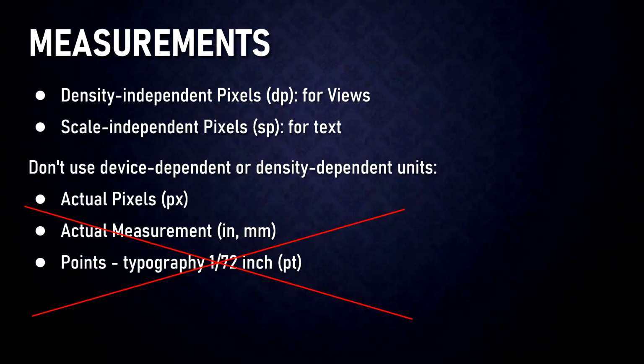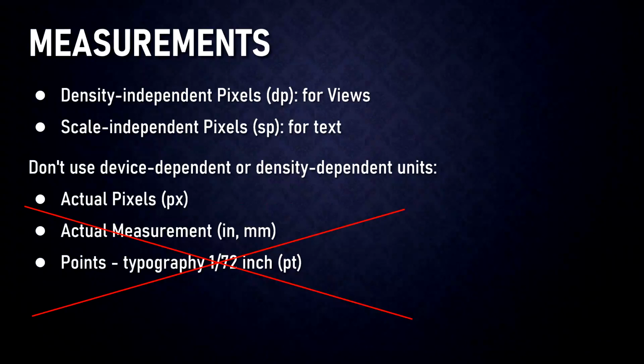The first one is DP, which is density-independent pixel. We commonly use this measurement for views, like a button or other views, so you can specify width and height with DP. We can also use SP, which means scale-independent pixel. This one we prefer for text. So the size of text will be specified by this kind of measurement, SP.